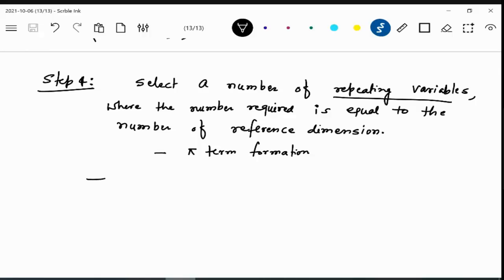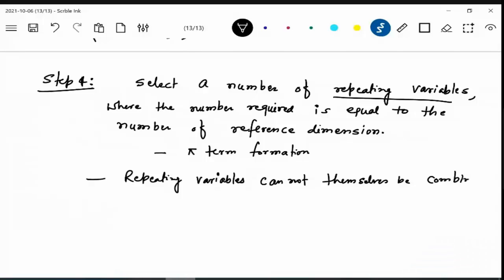So repeating variables cannot themselves be combined to form a dimensionless product.